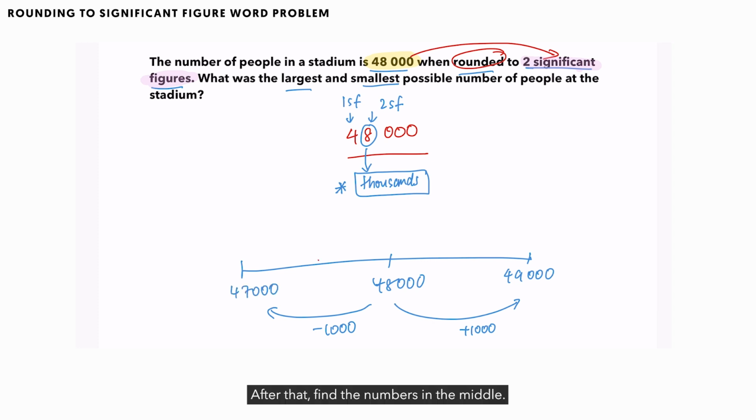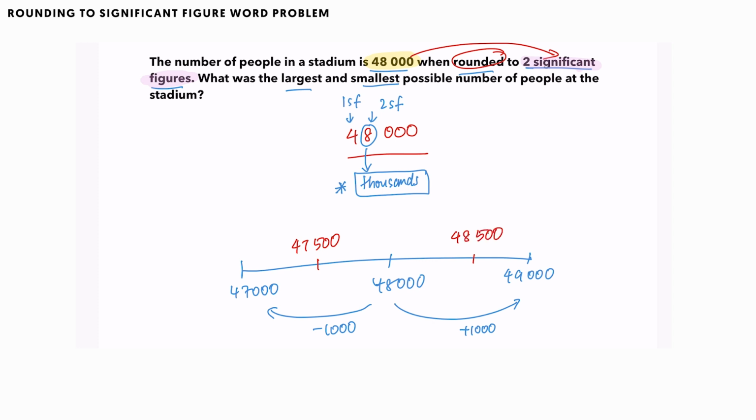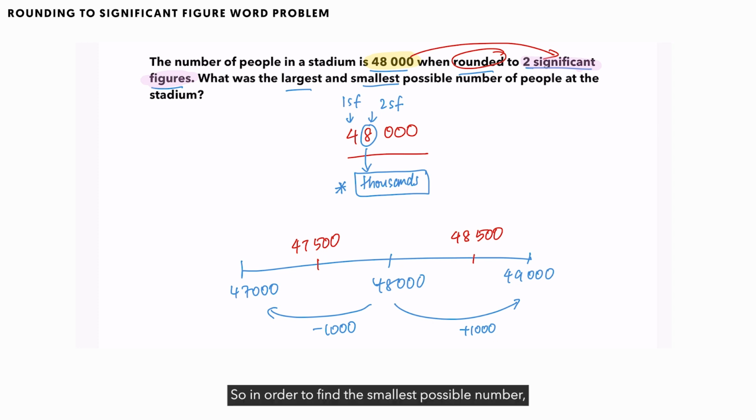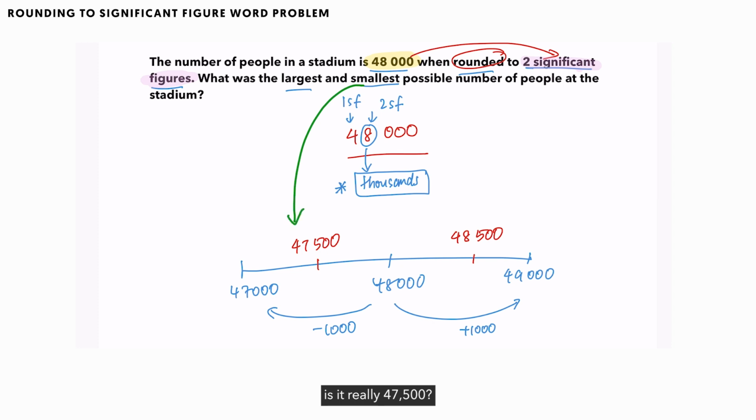After that, find the numbers in the middle. The first middle number, you should get 47,500. The second middle number is 48,500. And then you have to check. In order to find the smallest possible number, is it really 47,500?